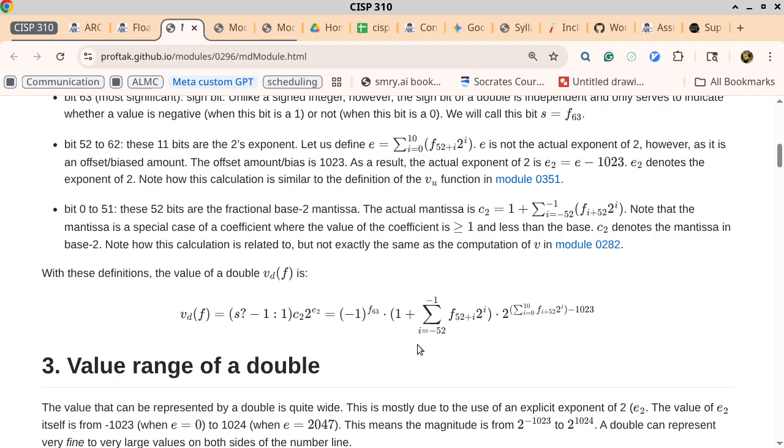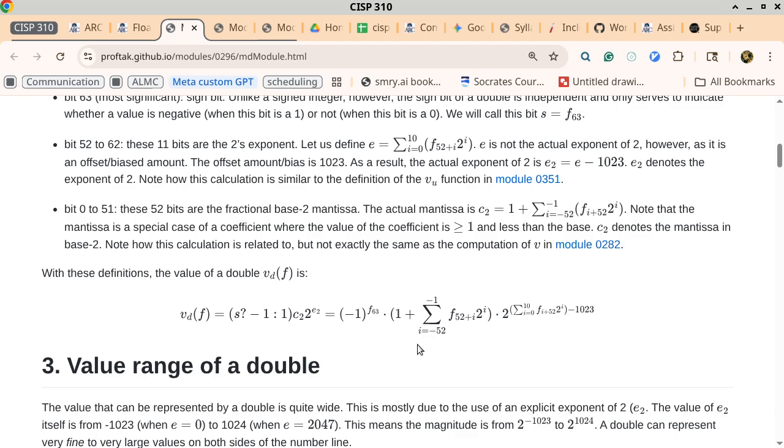It becomes negative 51, and so on. It finishes with i being negative 1, which means we'll be looking at F of 51, because 52 plus negative 1 is 51. That particular bit, which is either 0 or 1, is multiplied by 2 to the power of negative 1, which is also known as 1 half. We just have to add up a whole bunch of those products.